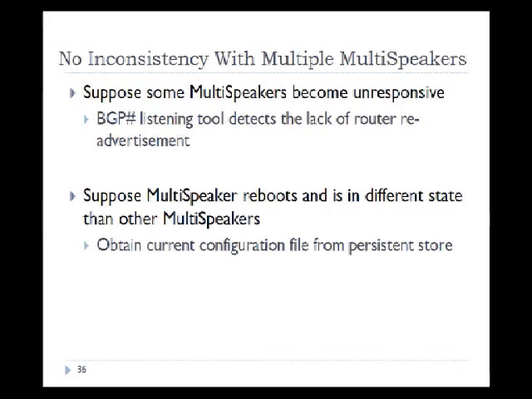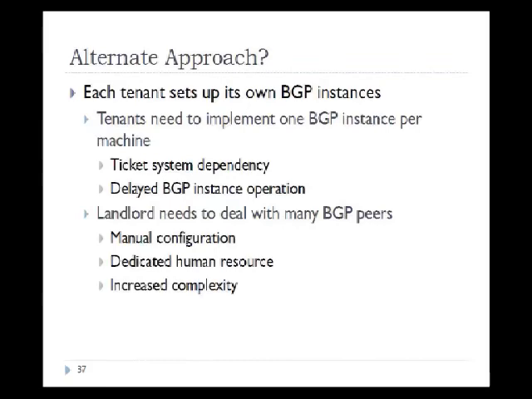So if we receive a route readvertisement for withdrawal and for announcement, then we know that the router has removed or installed the routes. And in the second case, suppose the multi-speaker reboots and is in a different state than other multi-speakers. In that case, the multi-speaker will obtain the configuration from a persistent store, as shown previously in the prefix resiliency example.